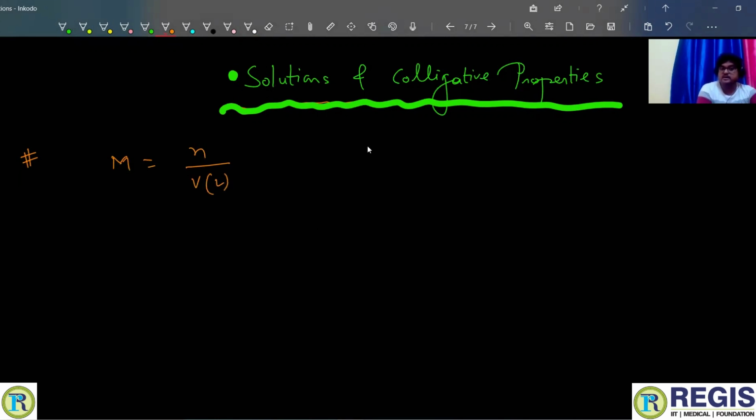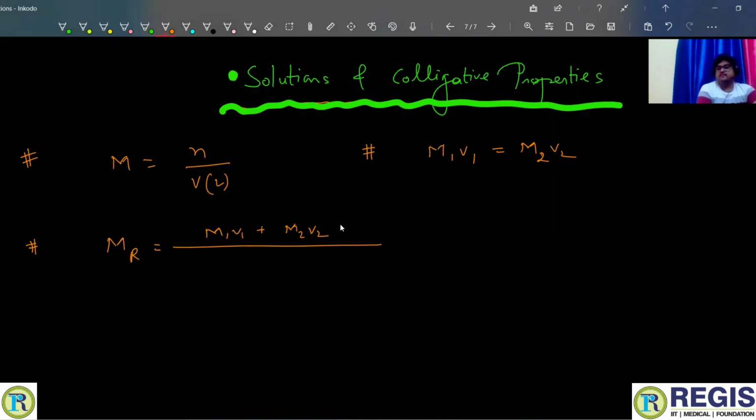That is the first formula for molarity. The second formula is for molarity of mixing and dilution, M1V1 equals M2V2. The third formula is the resultant molarity, which equals M1V1 plus M2V2 by V1 plus V2. If three solutions are there, then we can write M3V3, and the total volume is V1 plus V2 plus V3. Last class I completed up to that part.